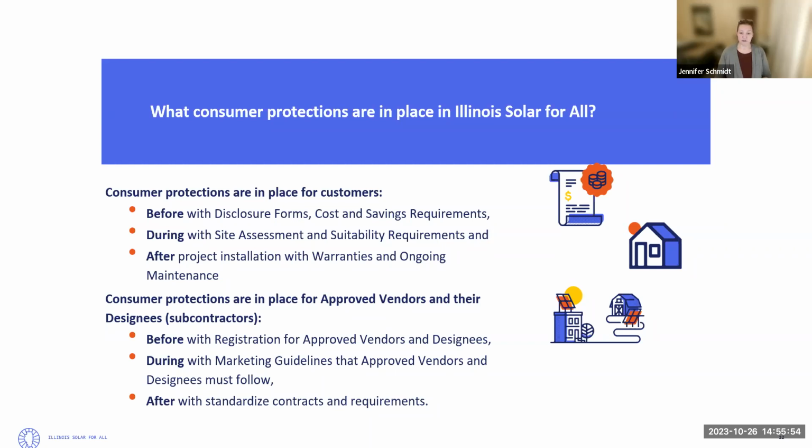And then afterwards, we also have requirements that the vendors use standard contracts and disclosure forms, so documents that the customer is signing that lay out what their responsibilities and benefits are, so that the customer is able to make a well-informed decision on participation, and so that they know exactly what's going to be expected of them and the benefits that they should be seeing from participation in the program. Next slide.